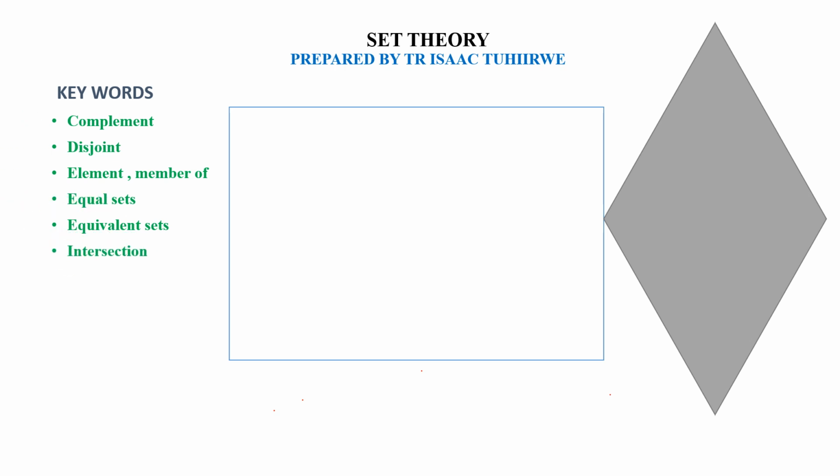Then we have also intersection set. Now that is just a set of common elements. I believe that one is very familiar to you. Then we have null set or an empty set. An empty set is a set with no elements or without a member. An example, if I say that set A is a set of birds with 4 legs.